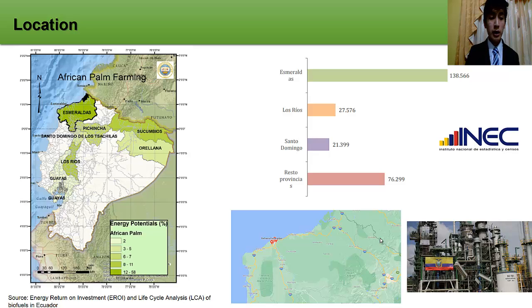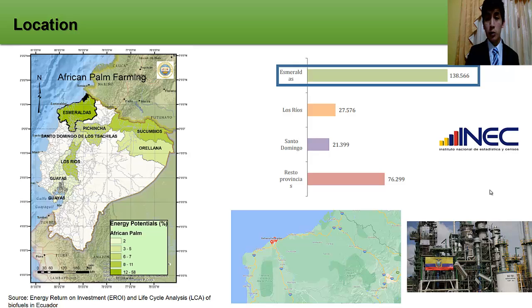For that, we need to consider that the main province producer of African palm is Esmeraldas. We can consider for that data from a paper of the Central University and the most recent data of INEC. Additionally, we can consider that the Esmeraldas refinery was used as the final destination of biofuels.